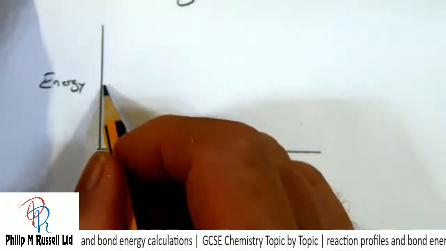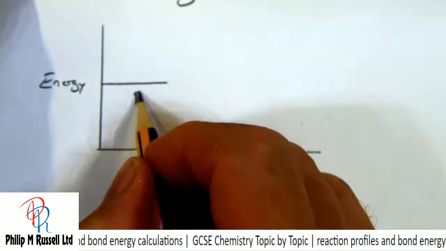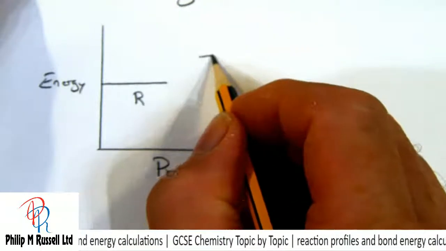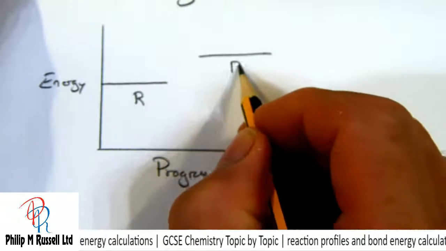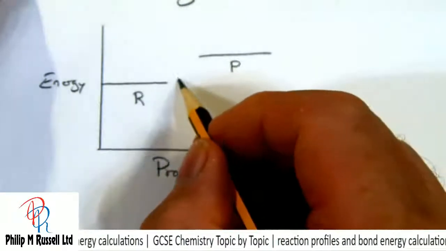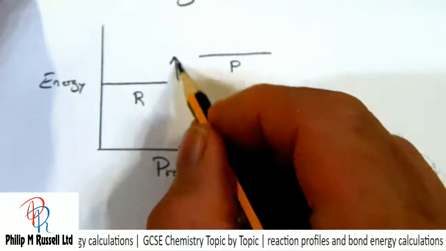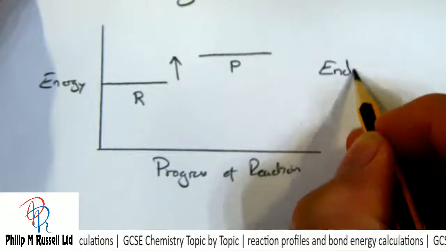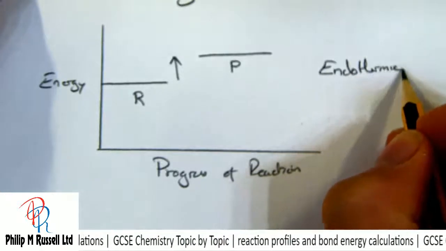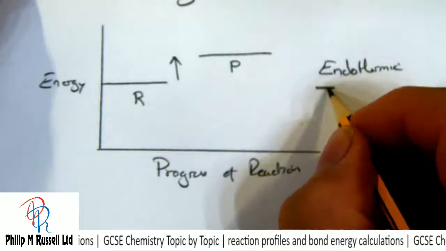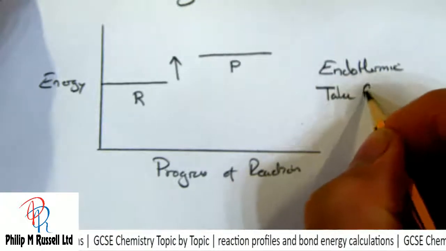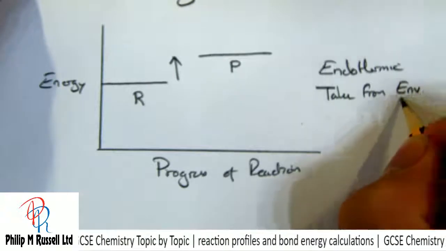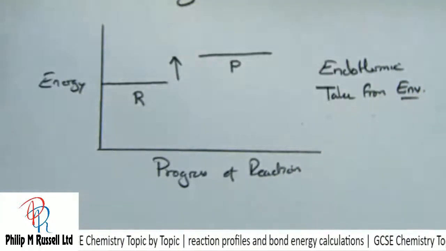We start off with so much energy in our reactants, but at the end of the reaction our products need to take in extra energy. So this is an endothermic reaction, and it needs to take energy from the environment. I'll call it ENV for short.